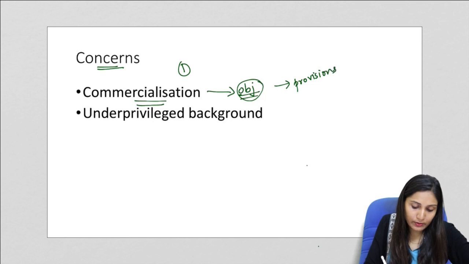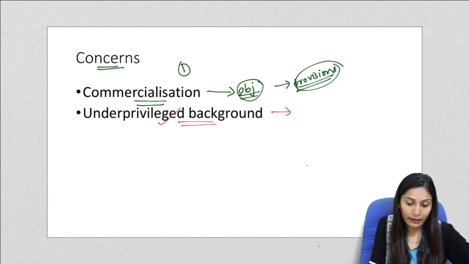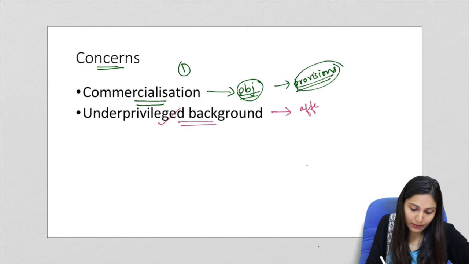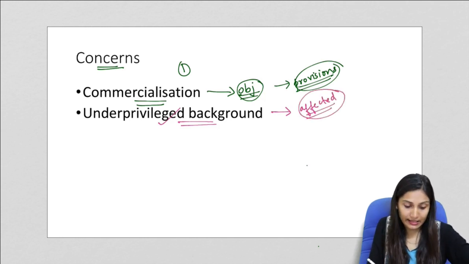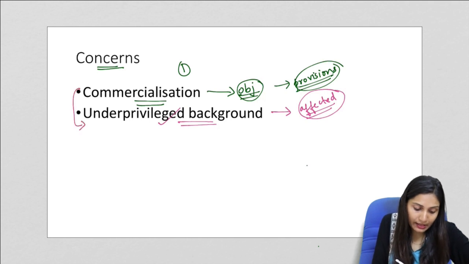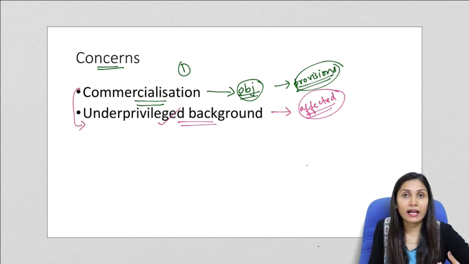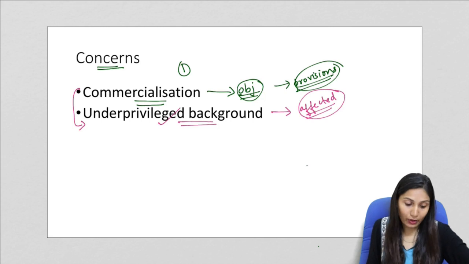But if we closely examine these provisions, we understand that women from underprivileged backgrounds are affected by some of the provisions of this bill. We will look at the provisions in detail, but the primary concern is regarding the government measures introduced in the bill to stop commercialization of surrogacy.